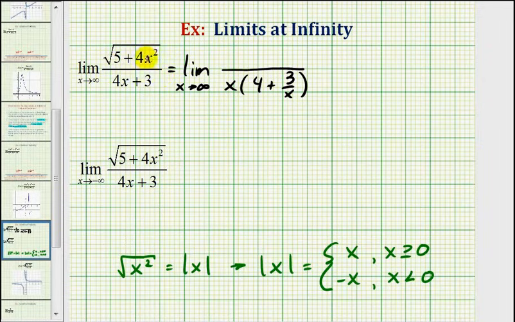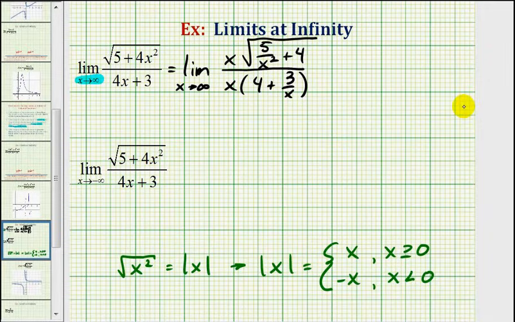But we know if we factor out an x from a square root, it would actually be the absolute value of x, which in this case, since x is approaching positive infinity, or x is greater than or equal to 0, we can just factor out x. But if we factor out x, remember underneath the square root, it would actually be x squared. So if we factor out x squared underneath the square root from 5, we would have 5 divided by x squared. If we factor out x squared from 4x squared underneath the square root, we would just have plus 4.